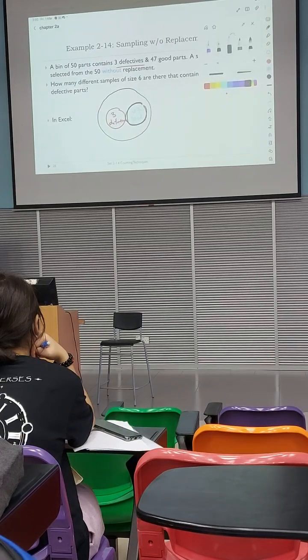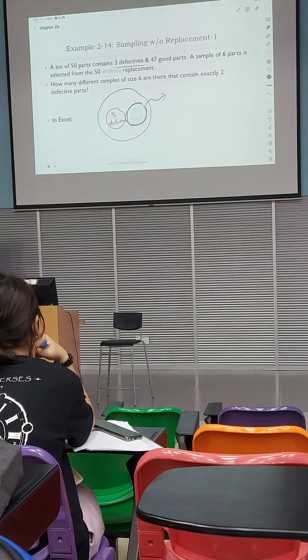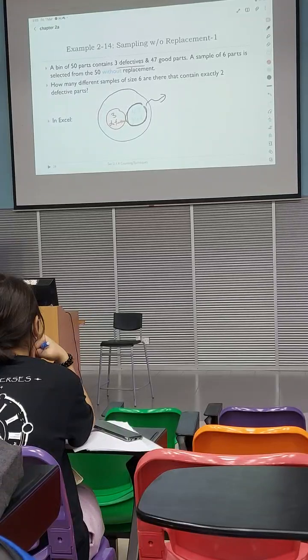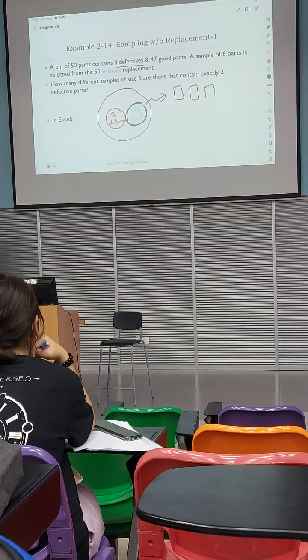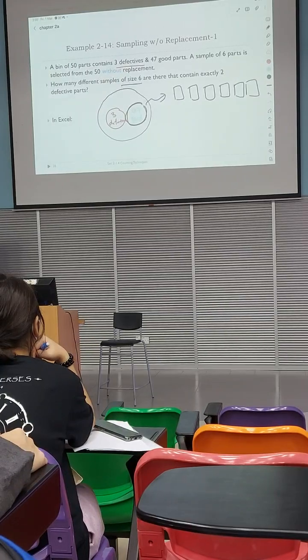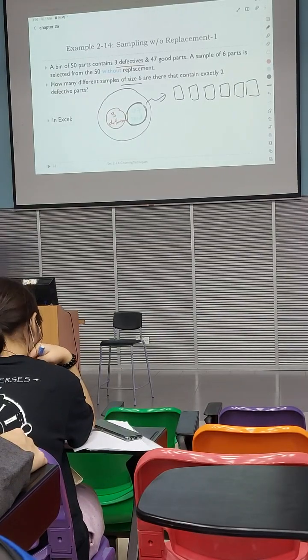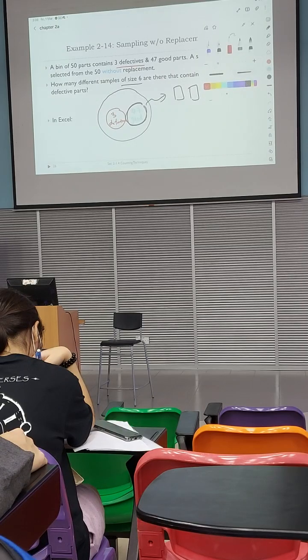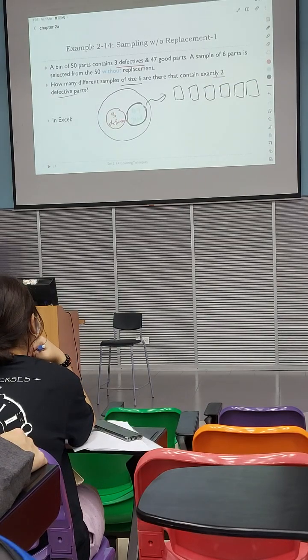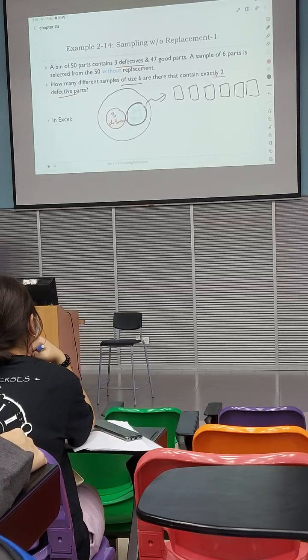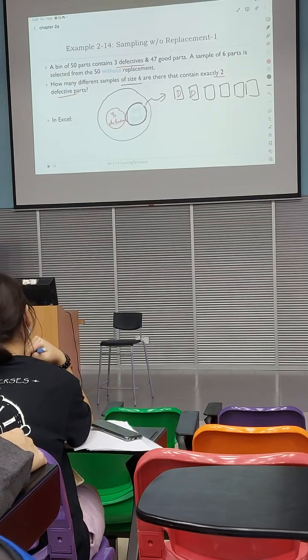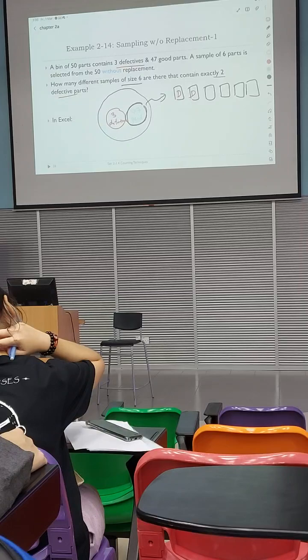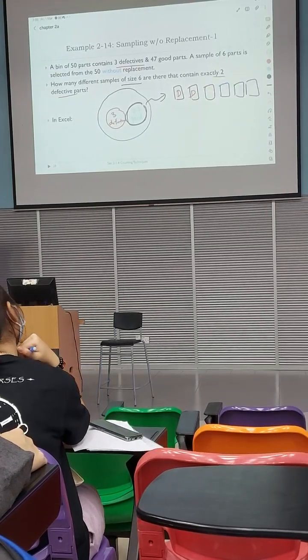Every time we do the selection, we choose how many? 1, 2, 3, 4, 5, 6. Every time you choose a sample of 6. We want to know how many different samples of size 6 contain exactly 2 defective parts. In this case, 2 must be D. Understand? That is the meaning. All others must be the good ones.